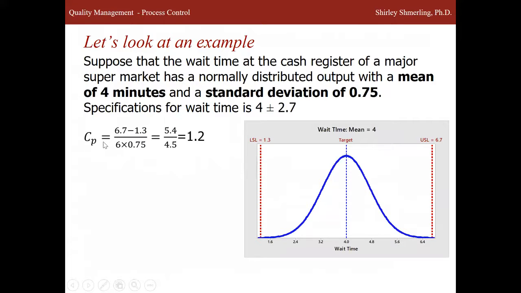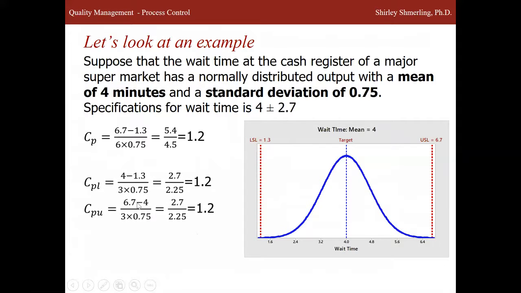So we are looking at the capability index at 6.7 minus 1.3. That's the spread. Divided by 6 times the standard deviation, we get 1.2. If we do the one-sided indices, we know that the mean was 4, so we can calculate them. And again, we're getting 1.2. The minimum case scenario is 1.2.